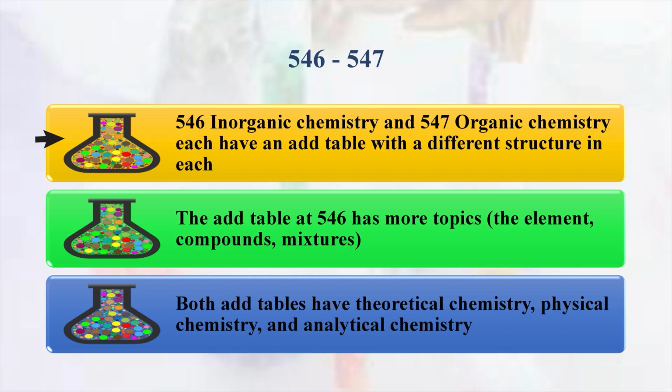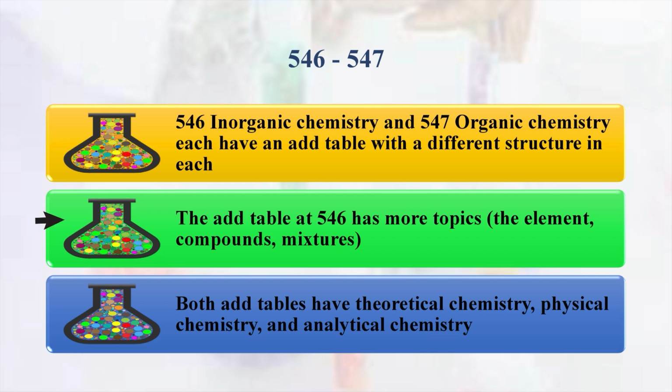In 546, inorganic chemistry, and in 547, organic chemistry is placed in DDC. Each has 8 tables with a different structure in each, meaning there are extended subdivisions under both classes, 546 and 547.